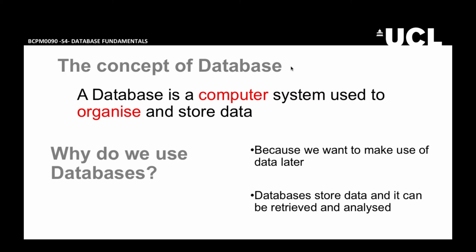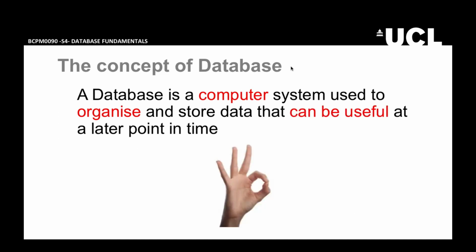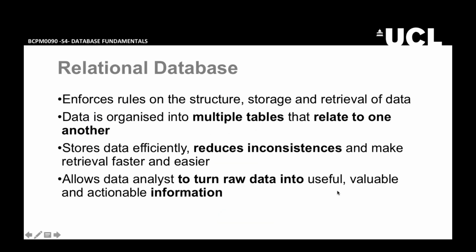So it would be good to include the utility of databases into the definition. So here we have a comprehensive definition for database. A database is a computer system used to organize and store data that can be useful at a later point in time. Now we have a better understanding of what a database is.